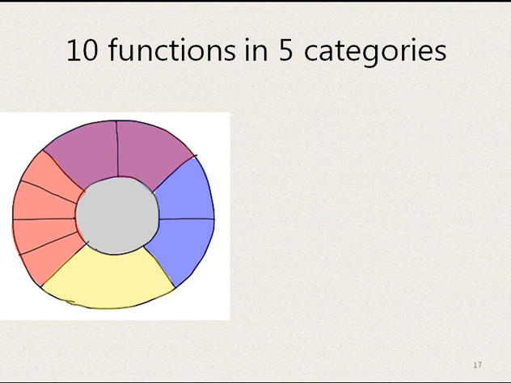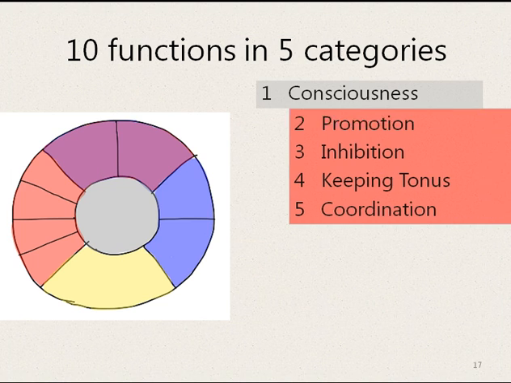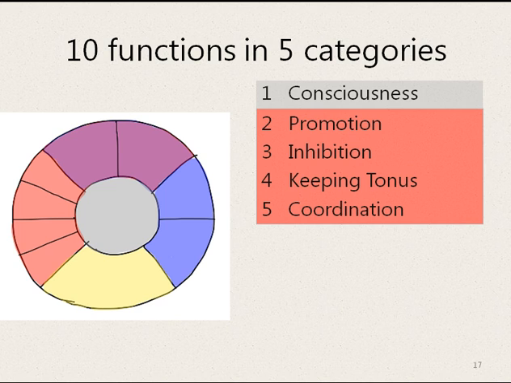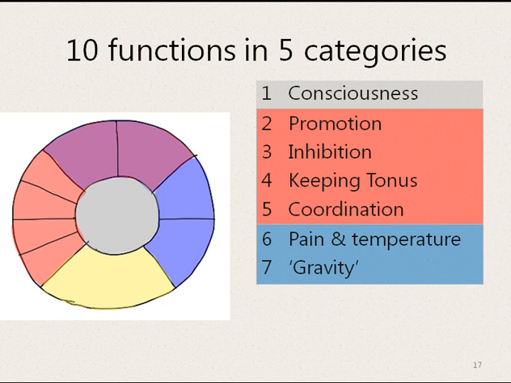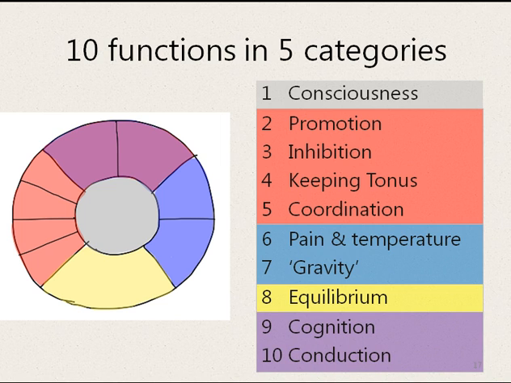Considering the most important clinical symptoms, there are 10 functions in 5 functional categories: consciousness; promotion, inhibition, keeping tonus, and coordination as motion; pain, temperature, and gravity as perception; equilibrium; and cognition and conduction as higher brain function.